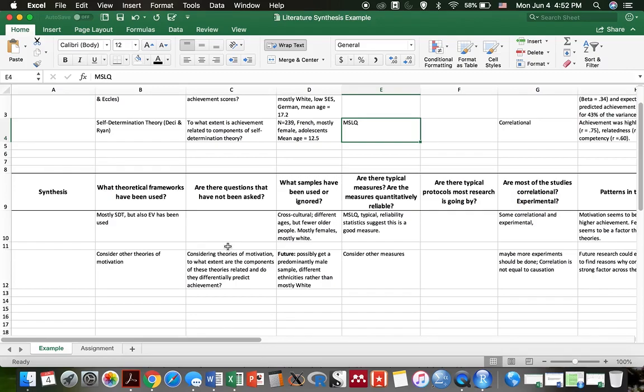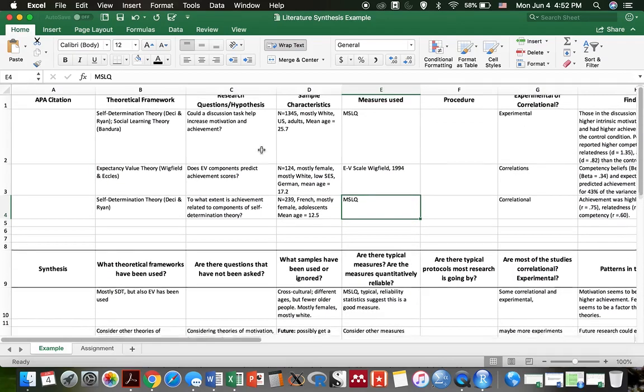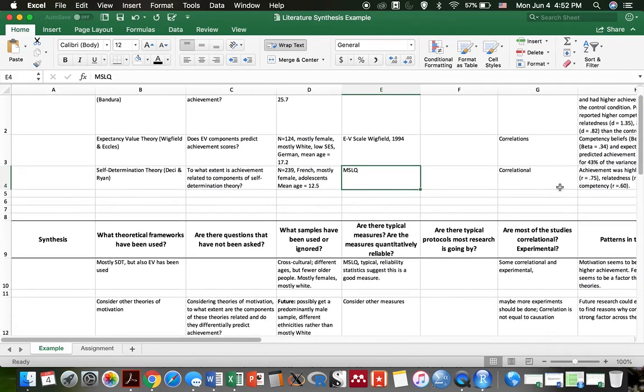They might publish something that has an additional component, but they won't publish replication studies because I'm not sure why. It should be, because that's how science should be, but they don't necessarily do that. So typically you'll find questions posed differently, and that's good. But you also need to try to find patterns with findings. But is there something that hasn't been asked that I can ask?